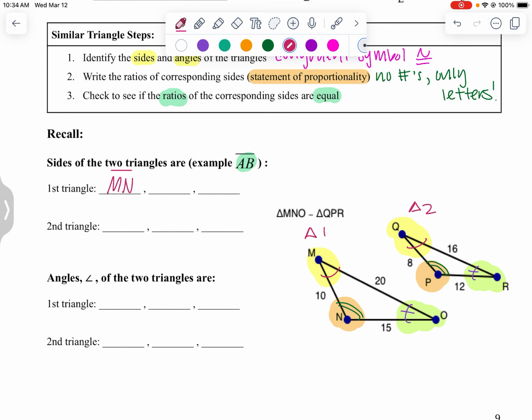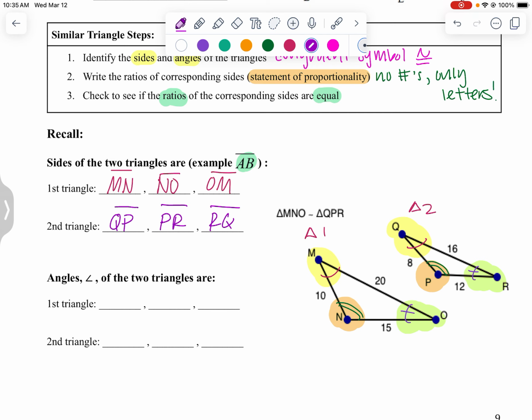Then the next side, which is NO. And finally, OM. Now for my second triangle, I'm going to start with QP. My next side is PR. And then my final side is RQ. Those are just the sides of my triangles.